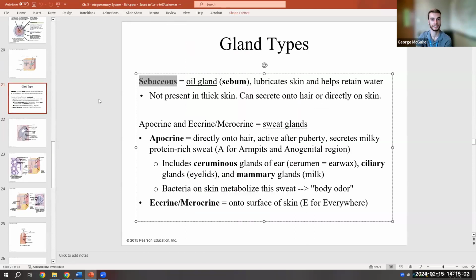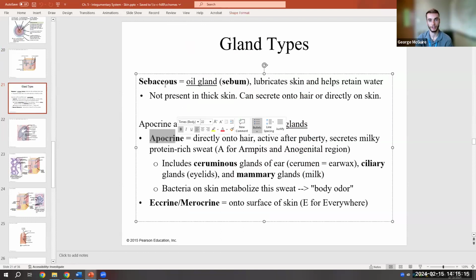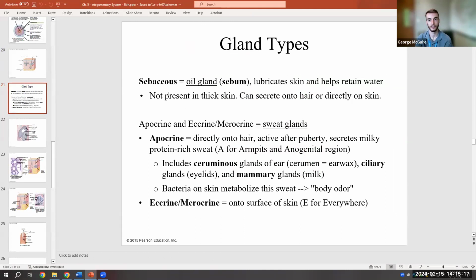So sebaceous glands secrete oil, and then we have apocrine and eccrine glands, which secrete sweat. Again, most but not all hairs are going to have an apocrine gland as well as a sebaceous gland that are secreting these two different types of secretions.